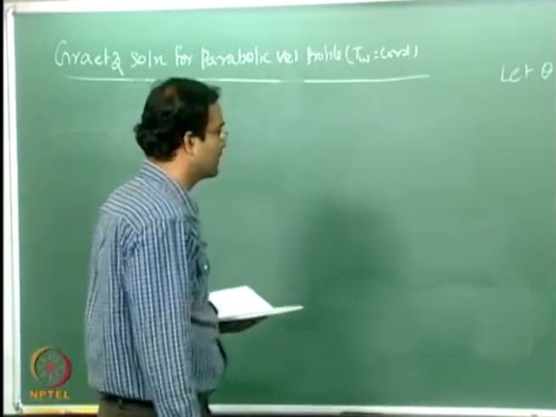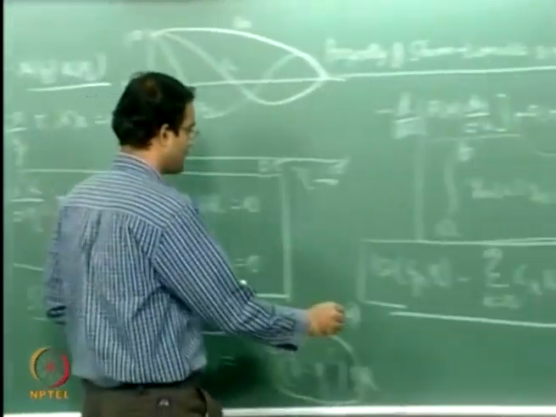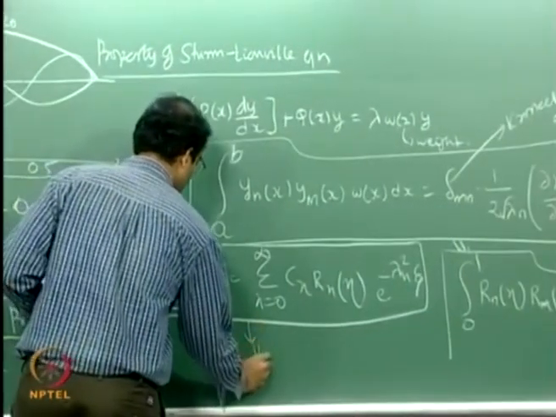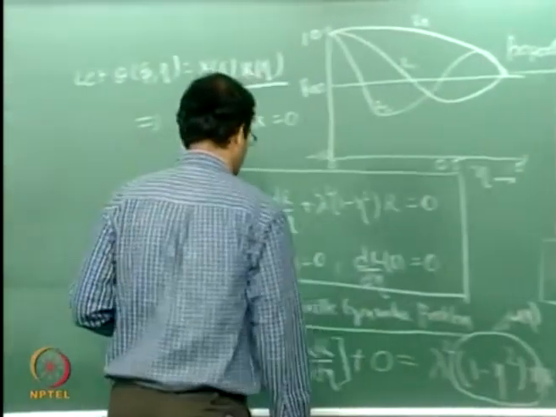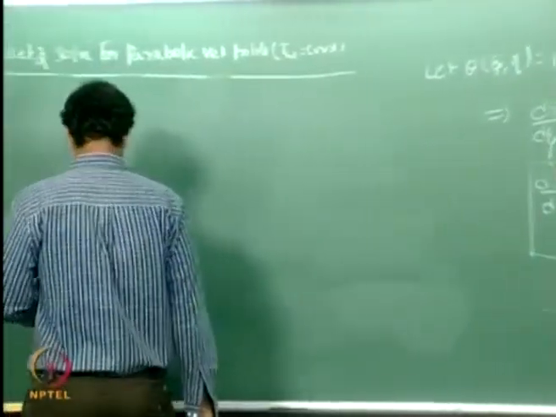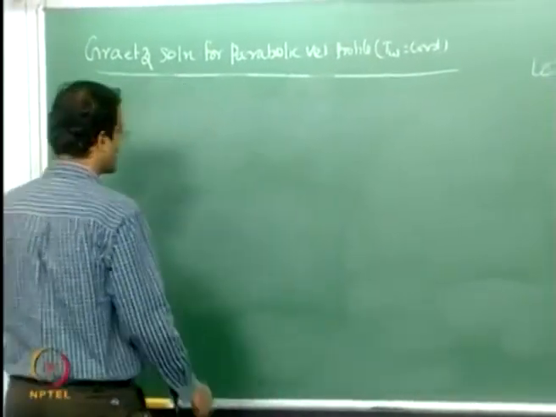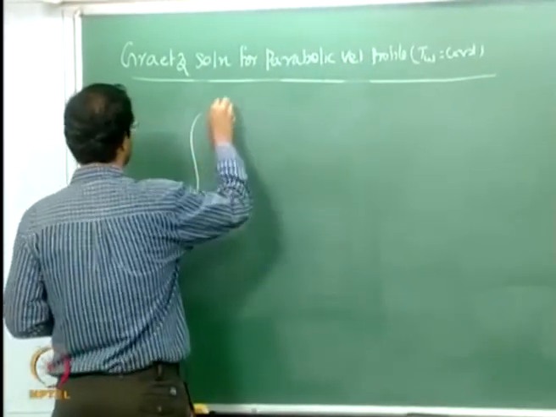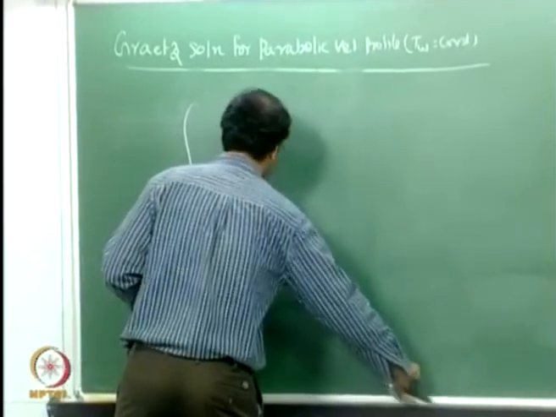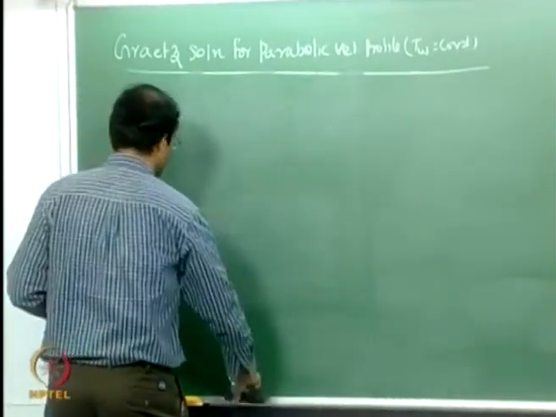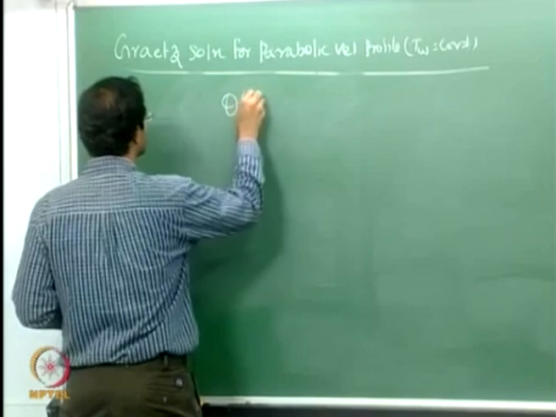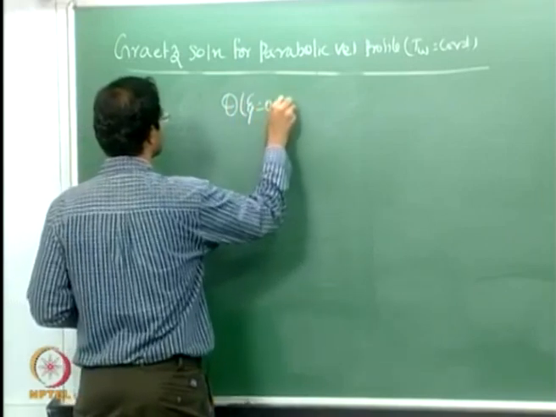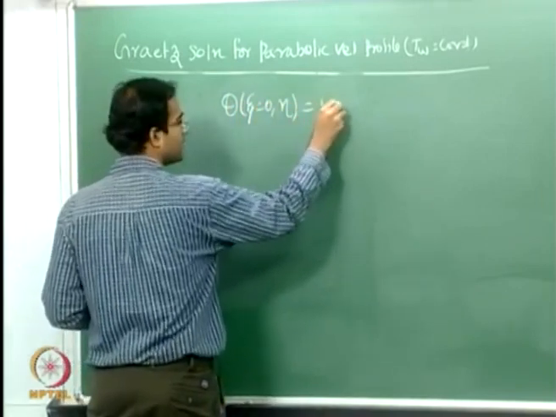So let me call this equation number 1, and I am going to multiply both sides by Rm and integrate. Before doing that, I will apply the condition at zeta equal to 0, which is equal to 1.